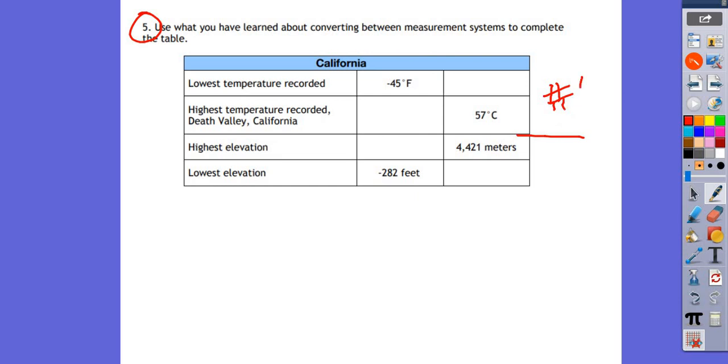Problem number 4. For these two problems, it's talking about meters to feet. We worked a problem earlier like that. That was number 2. So problem 4 is going to help me with this, and problem 2 is helping me with that.